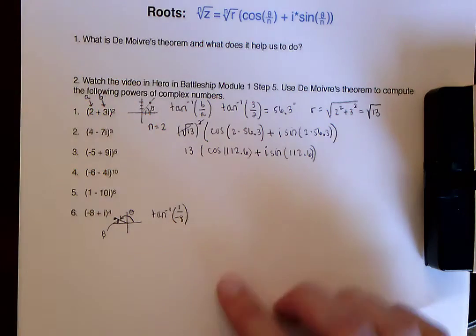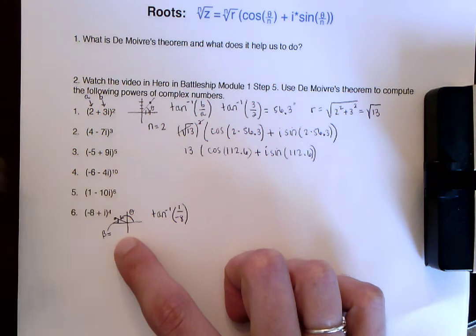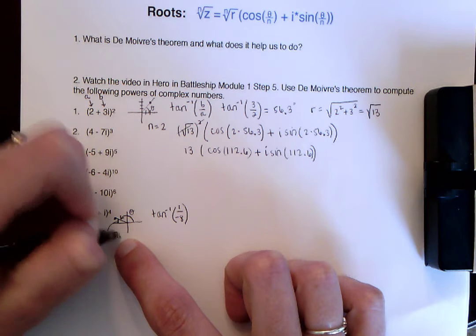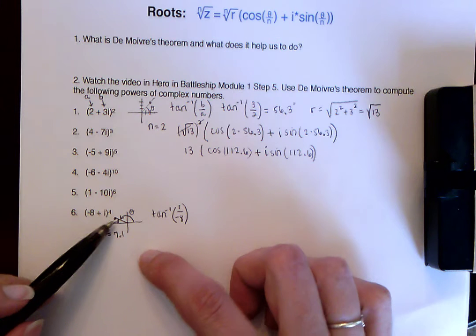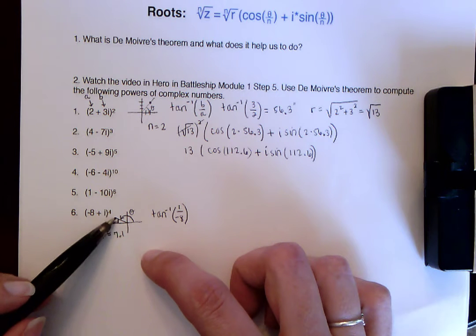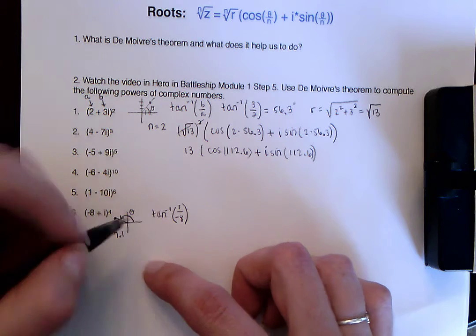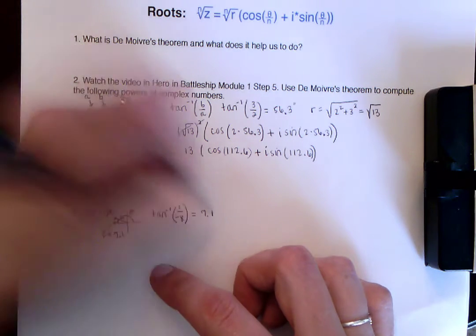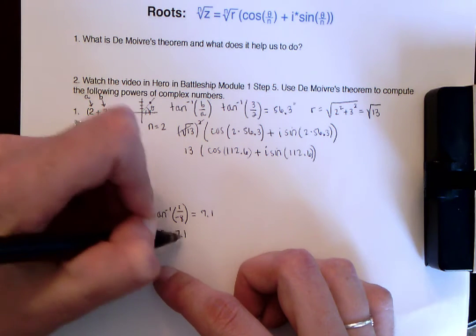-7.1. So this is about, like I said, 7.1 degrees from here to here. Okay, so if it's 7.1 degrees, then what would that make theta? Well, we know it's close to 180. So what we do is we take 180 and we subtract the 7.1.